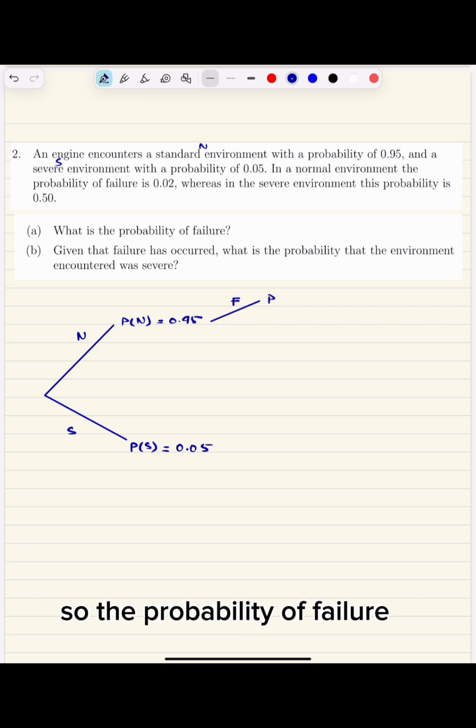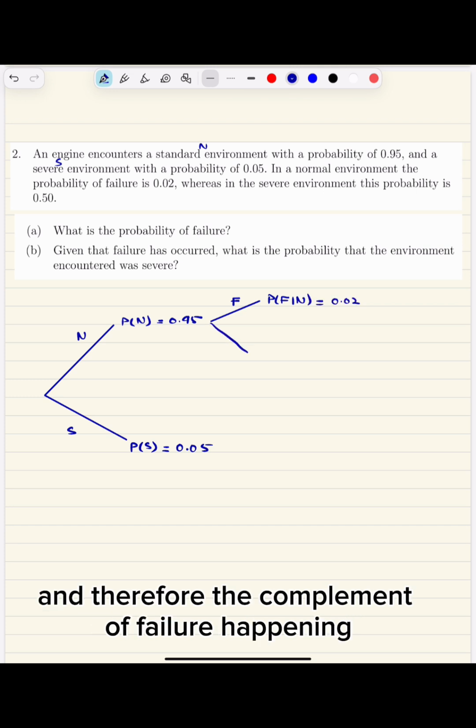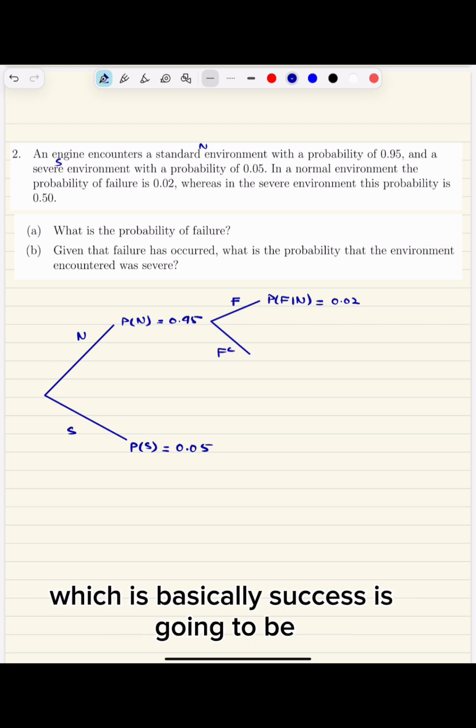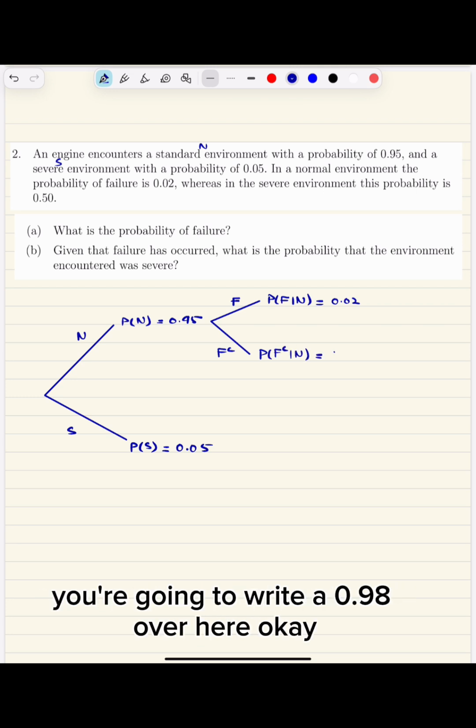So the probability of failure given a normal environment is 0.02, and therefore the complement, success, since probabilities have to add up to 1, we are going to write 0.98 over here.